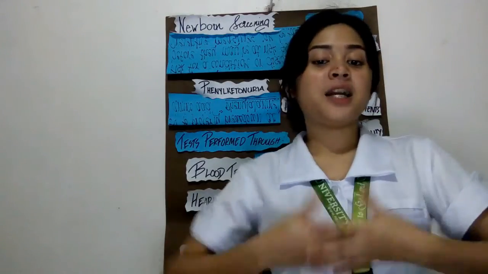If PKU, or phenylketonuria, is untreated, or if foods containing phenylalanine are eaten, the breath, skin, earwax, and urine may have a mousy or musty odor. This odor is due to the build-up of phenylalanine in the body.